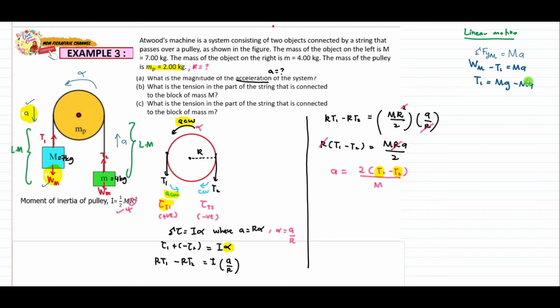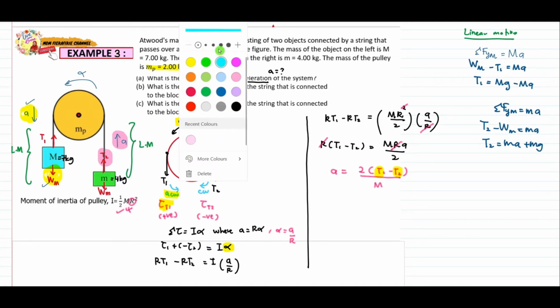Alright, and for the second one, look at here, T2 is the same direction as A, so T2 minus Wm. Okay, for the second part, total Fy for small m is equal to ma. So this time T2 minus W small m is equal to ma. Therefore, T2 is equal to ma plus mg.